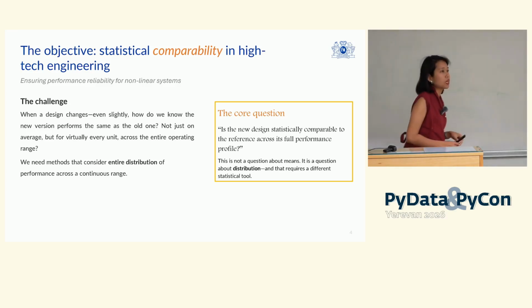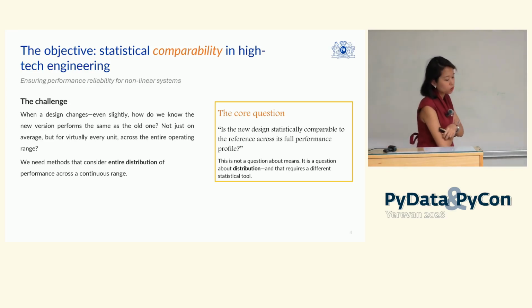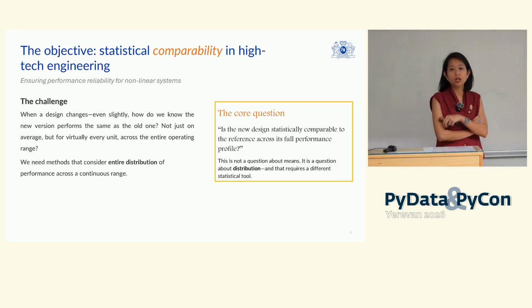The objective on why we have statisticians in design verification is mostly that we try to have a robust definition of what is comparable. So for the new design, we can ensure the performance reliability in most of the nonlinear systems.